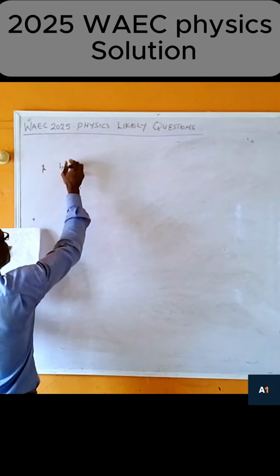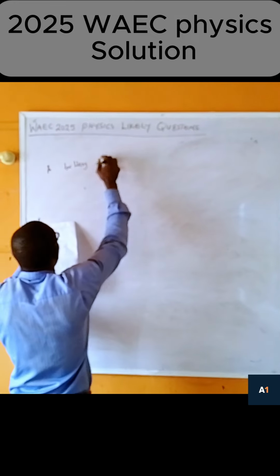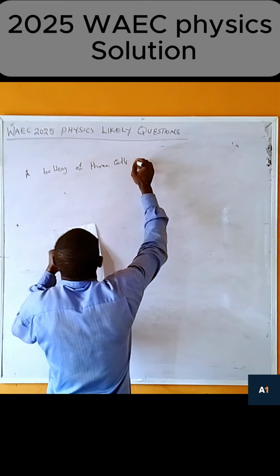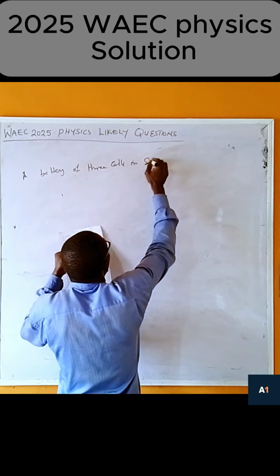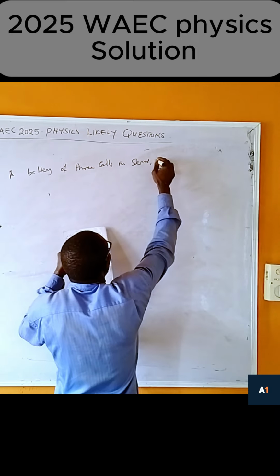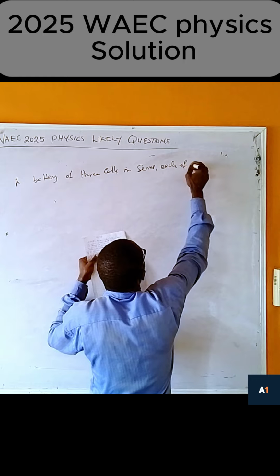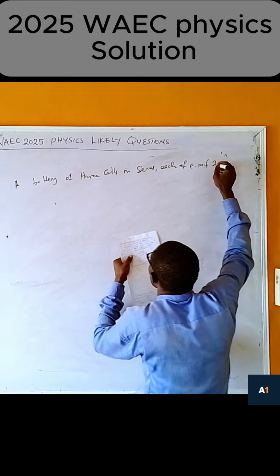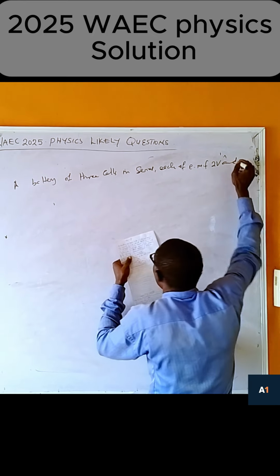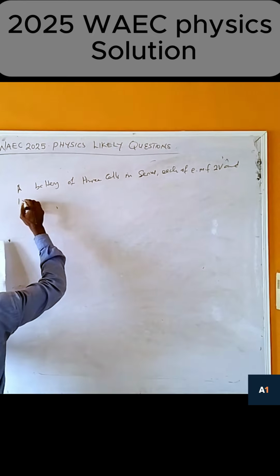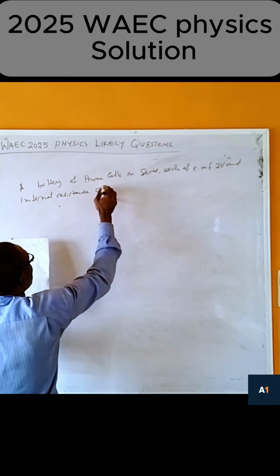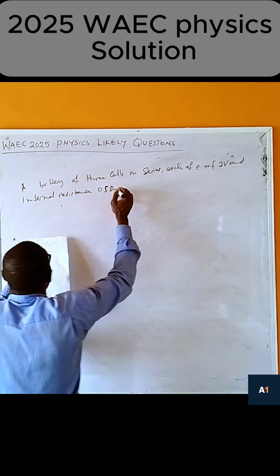A battery of 3 cells in series, each of EMF, meaning electromotive force, 2 volts, and internal resistance 0.5 ohms. That is the internal resistance of the battery.